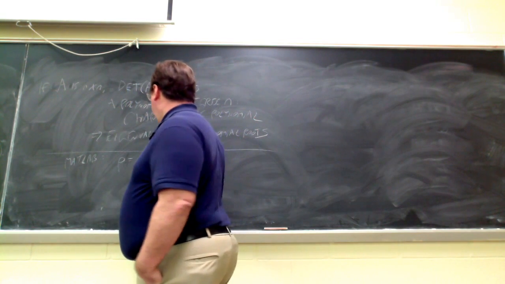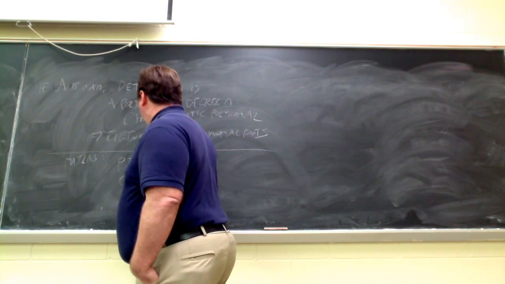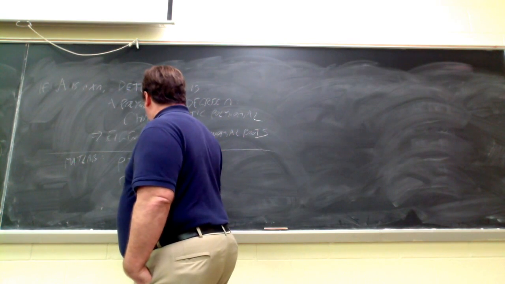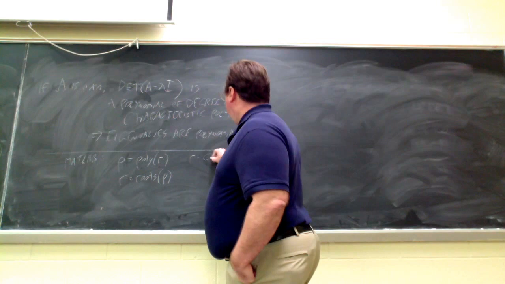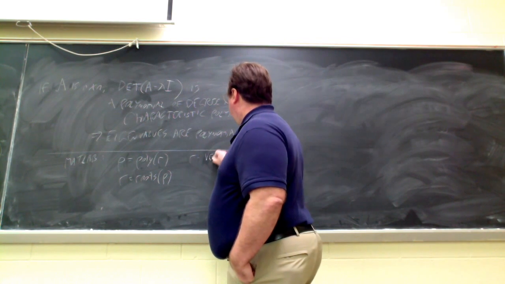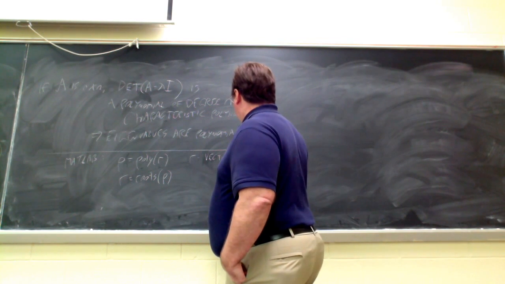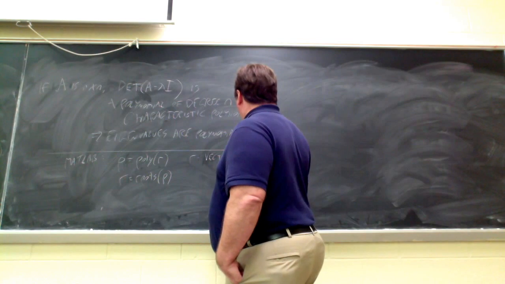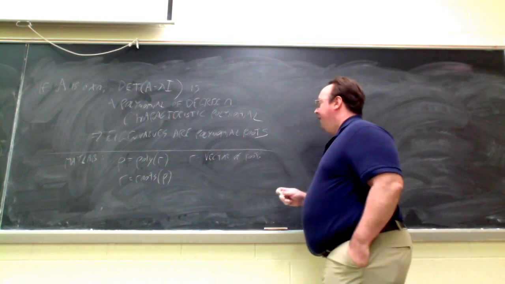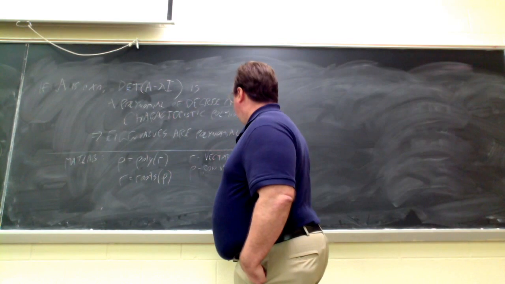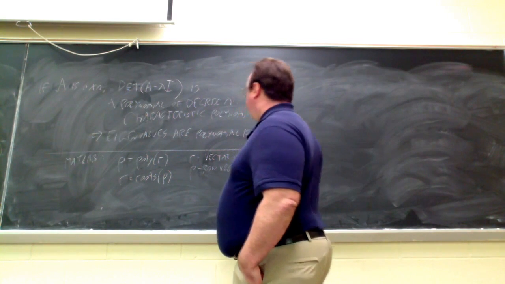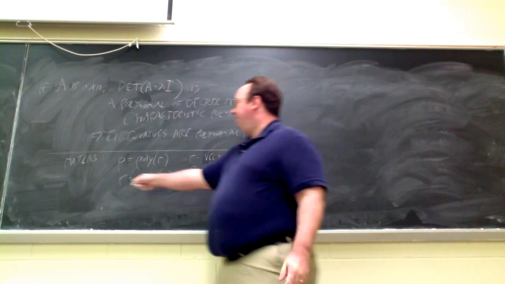P is equal to poly of R, and R is equal to roots of P. R is a vector that represents the roots of a polynomial, and P is a row vector of coefficients of a polynomial, whereas R would be a column vector coming out of this.